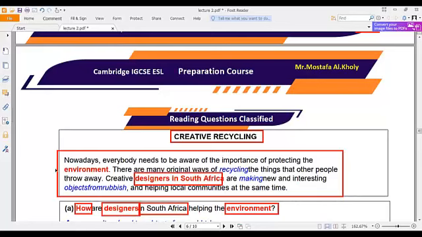And here environment. So in which paragraph should I look for the answer? In this paragraph, okay? My question was how the designers in South Africa were helping the environment, based on this word environment and this word designers in South Africa. Read this paragraph and tell me what is your answer.